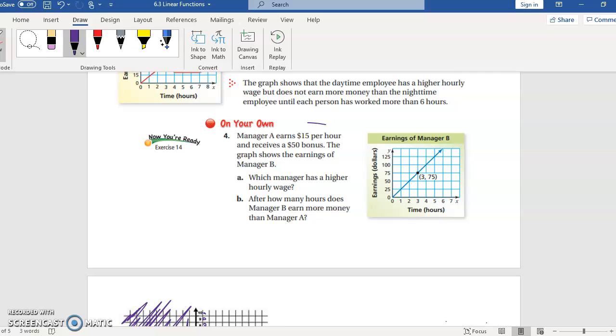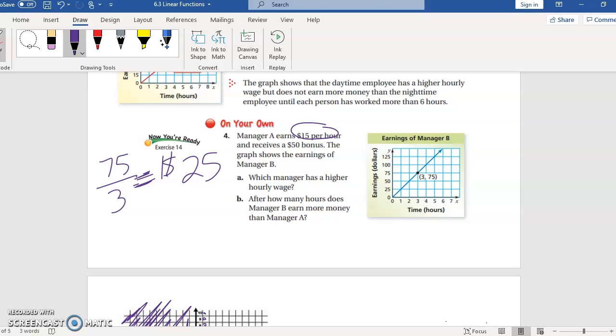But now we have to look at Manager B. Well, if we know in 3 hours he makes $75, we just have to take our y and divide it by our x. So 75 divided by 3, that gives me $25 per hour. So Manager B is making more money per hour.